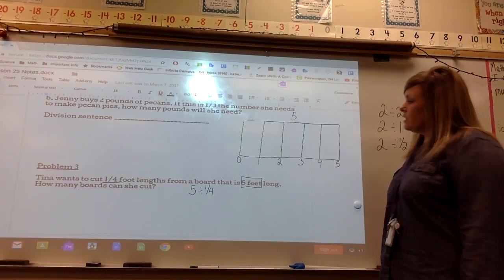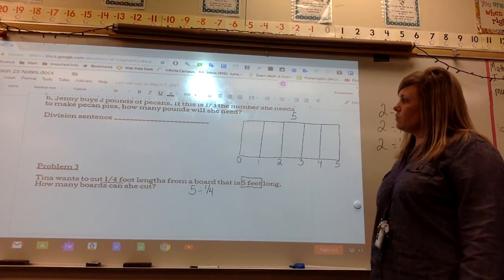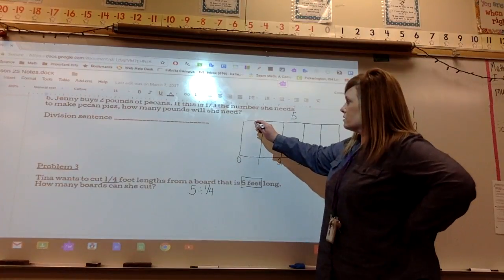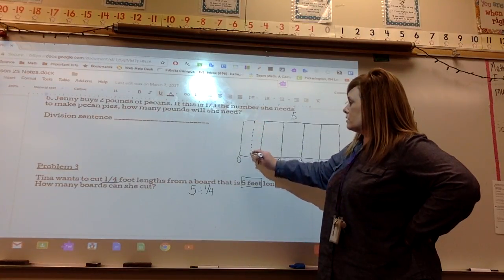So there's my 5 feet, and I want to break it into pieces that are 1/4 of a foot long. So I need to break each one of these sections into fourths. You go ahead and do it too.